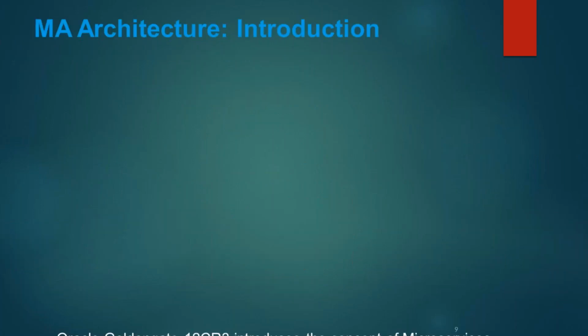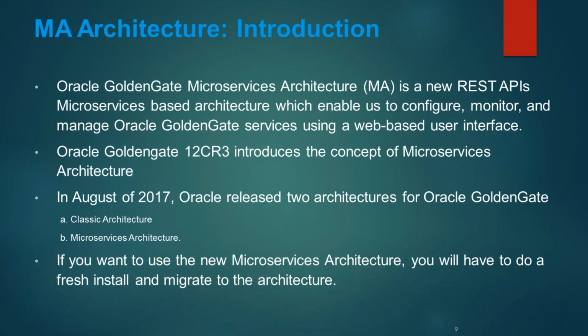So this is the architecture we are talking about. You have classic architecture which contains classic extract and integrated extract, classic replicat and integrated replicat. Similarly, you have microservices architecture which contains classic extract, integrated extract, classic replicat and integrated replicat.